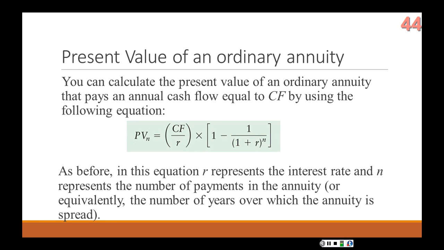We just found the future value. We can also find the present value. Again, the calculations by equation get increasingly difficult. The cash flow, this is also the payment. So the payment divided by the interest rate times 1 minus 1 divided by 1 plus the stated rate raised to the nth power.